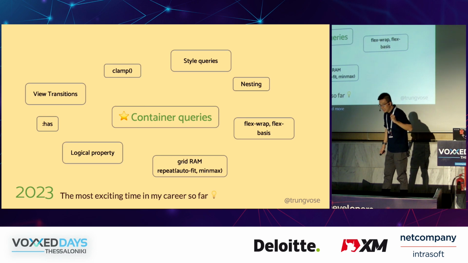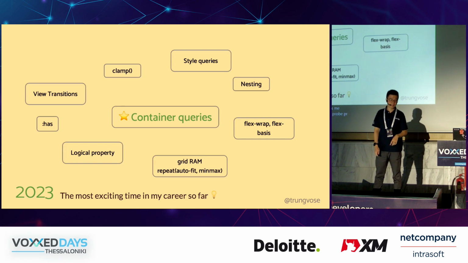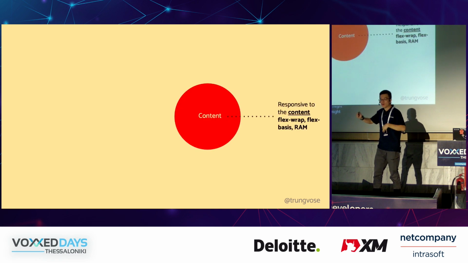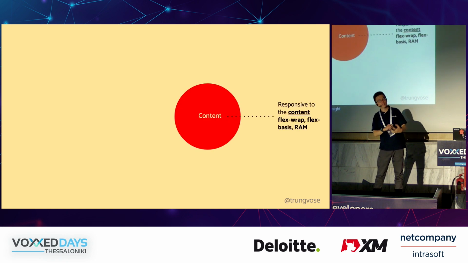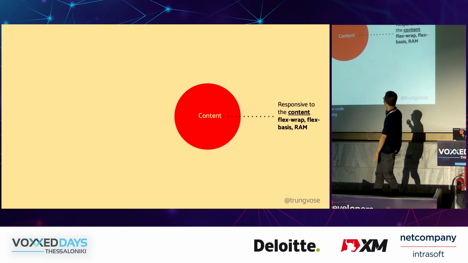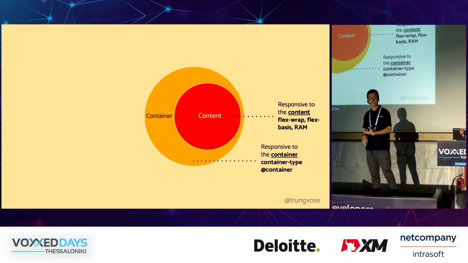And if you ask me about future-proof responsive web design, it might look like this. You might have the one that reacts to the content, writing the code to handle different content lengths using all the techniques we mentioned, like track, route, track basis, and rem could be useful. And then there's container query now.